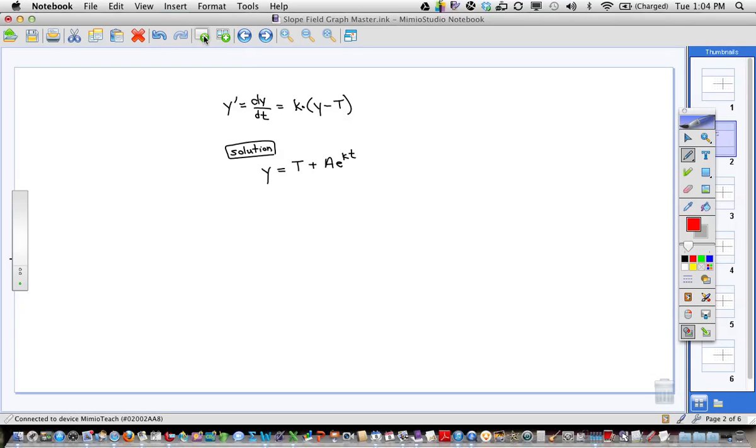So what was the first thing? It starts out 180 degrees. What would be a way to write that mathematically? But our temperature is not T in this problem. It's Y, right? So that could be Y initial.